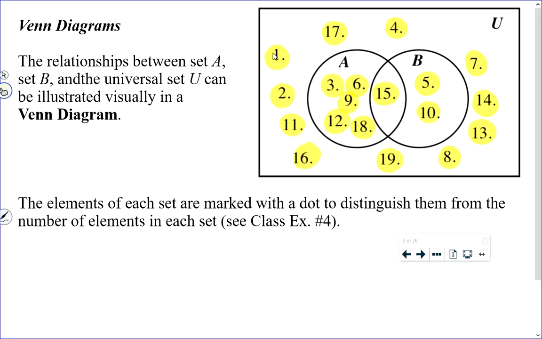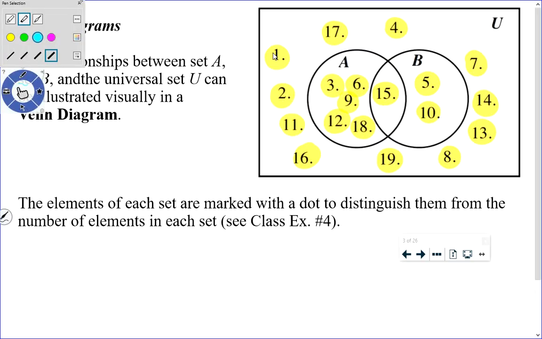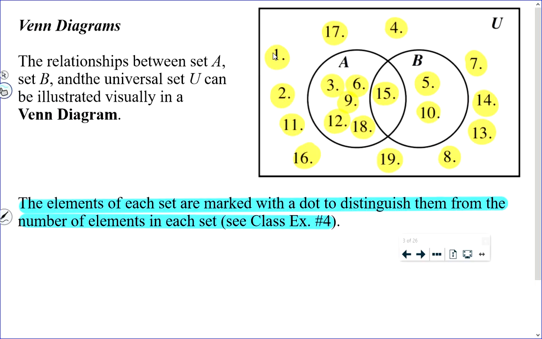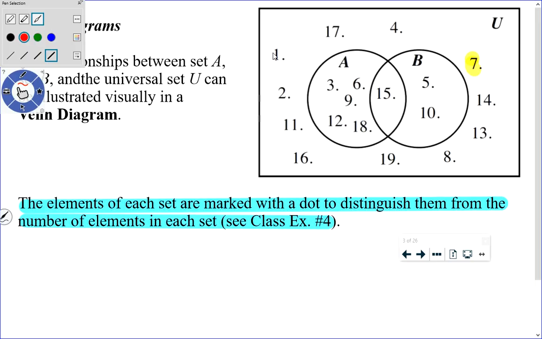Before I dissect this further, I want to make note or talk about what this is telling you. When you have a number written in a Venn diagram, like, say this 11, and there's that dot after the 11, you can call it a period if you like.